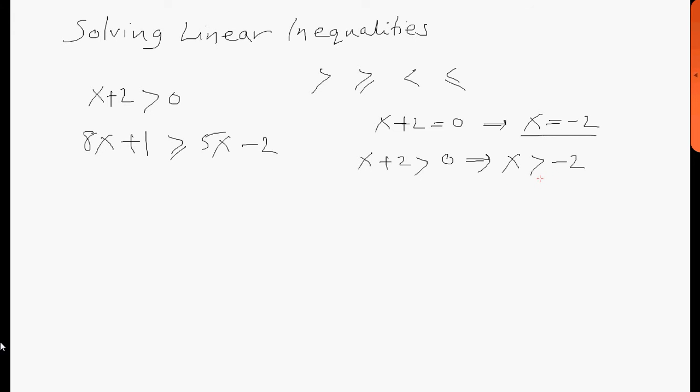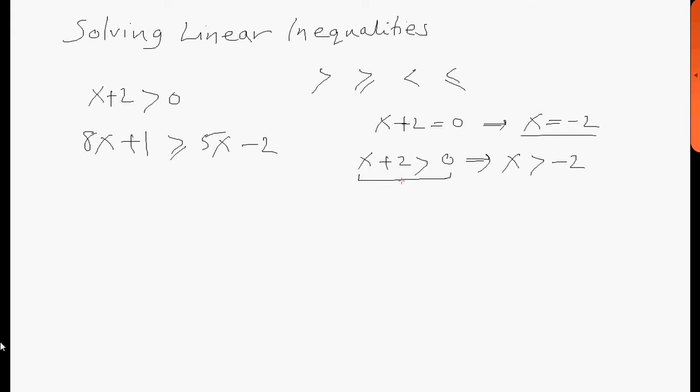So all those numbers that are greater than negative 2 are considered to be a solution of this linear inequality. For example, 3 is a solution, 4 is a solution, 5 is a solution, negative 1 is a solution. All those numbers that are greater than negative 2 are solutions to this linear inequality. So the solution set here is not just a number, it's a collection of infinitely many numbers.